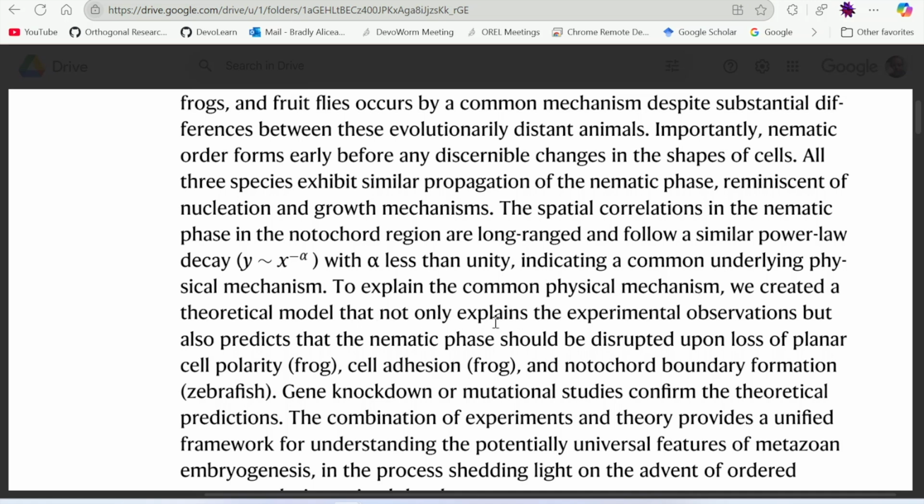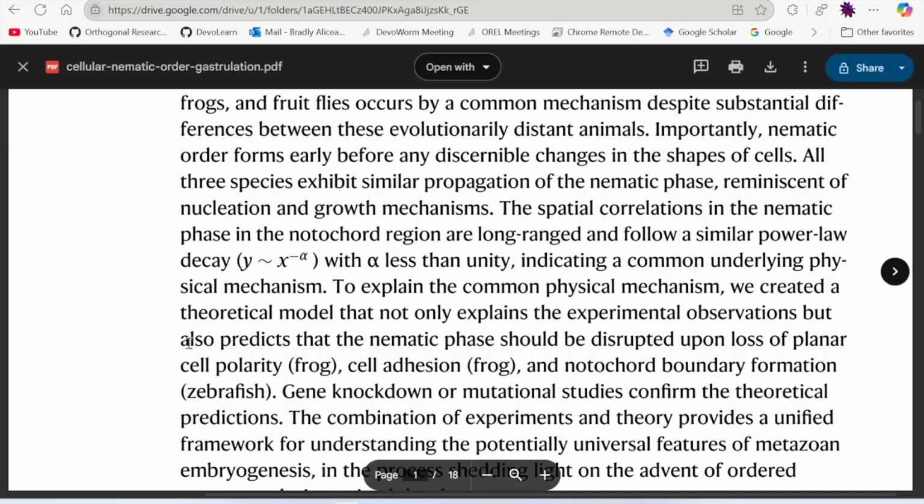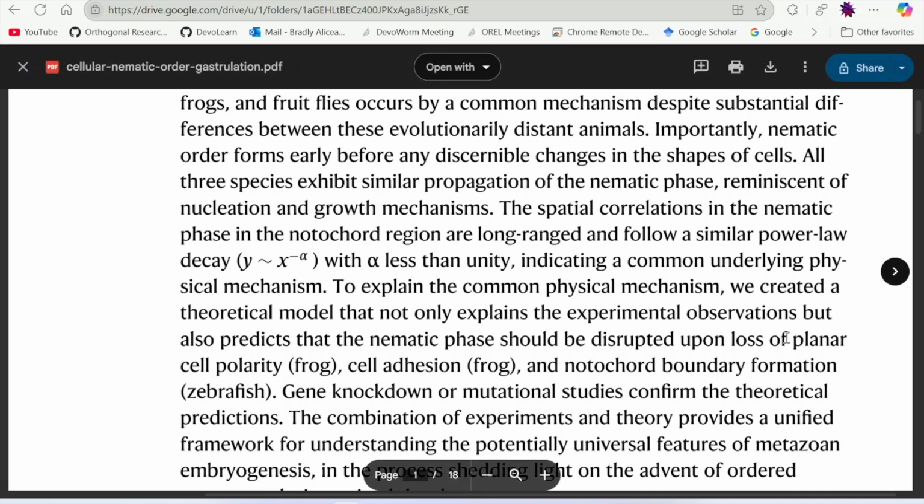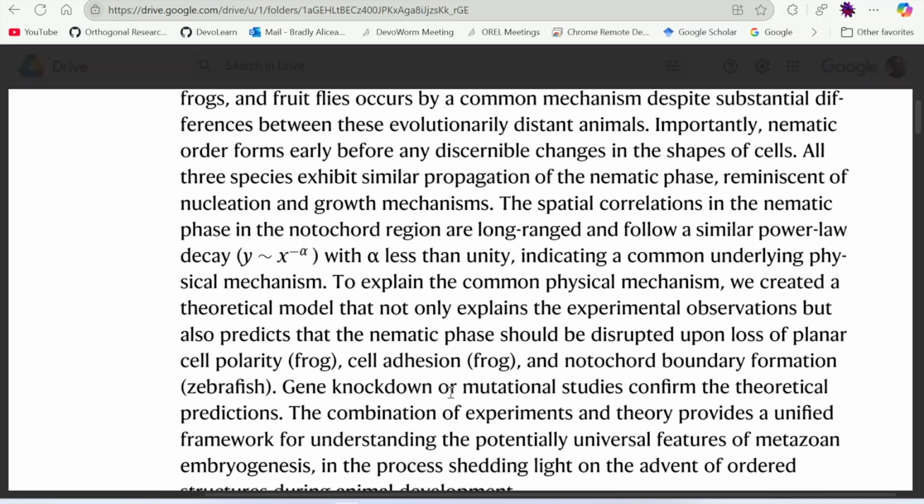They created a theoretical model, and with this model they're able to predict that the nematic phase should be disrupted in cases where you lose planar cell polarity, cell adhesion, and notochord boundary formation. Basically, disrupting these mechanics, or these physics of the embryo, and seeing what happens.